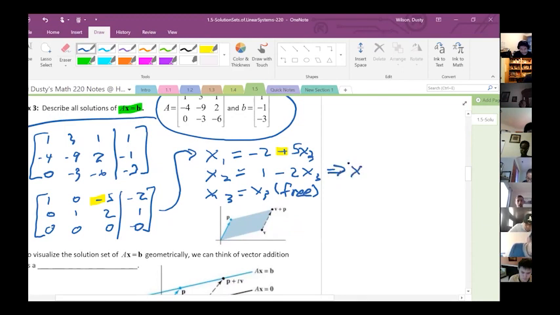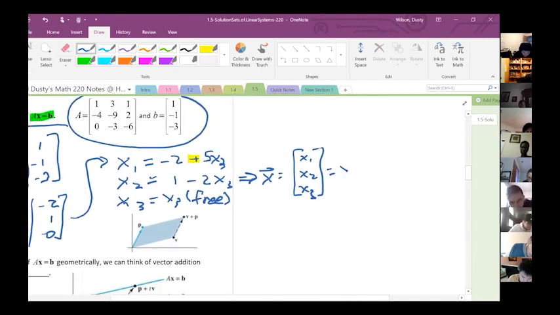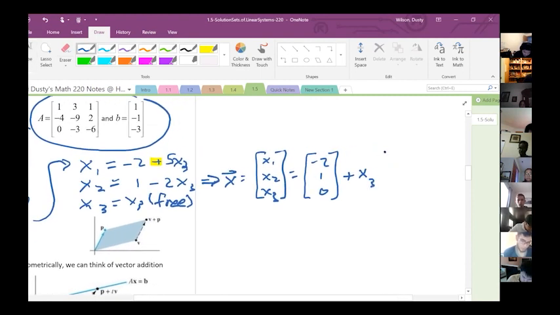So now we can put this stuff together. So this is telling us that x, which is, since you guys were wanting to see it this way, x1, x2, x3, you don't have to write this, is x3, and then it's the coefficients, the negative 2, 1, 0, plus x3 times 5, minus 2, and 1.